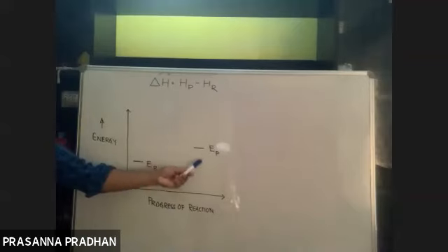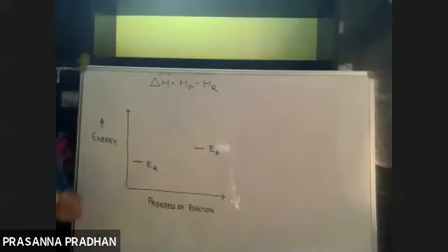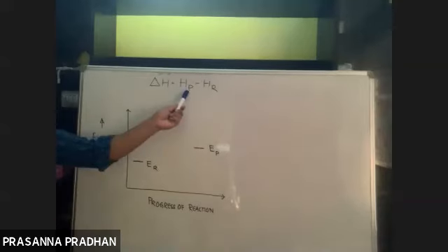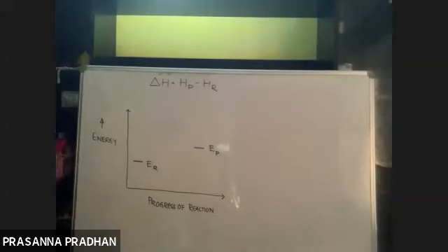Here the energy of product is greater than energy of reactant in this case. So since HP is greater than HR, delta H will be positive. Positive means we are talking about endothermic reactions.